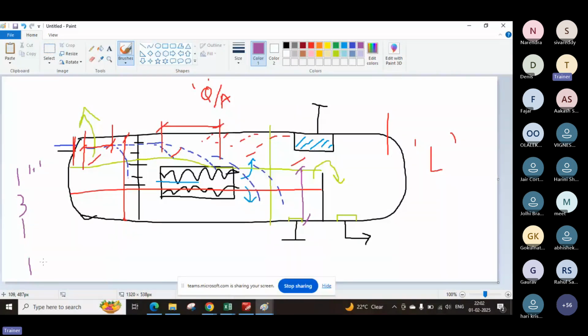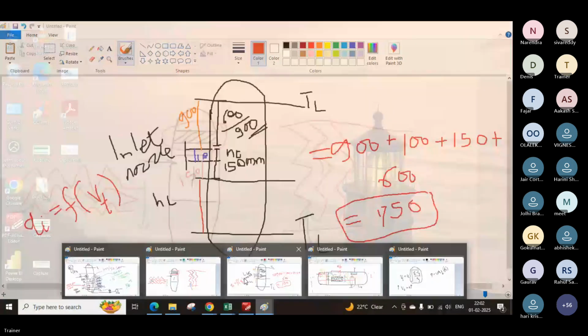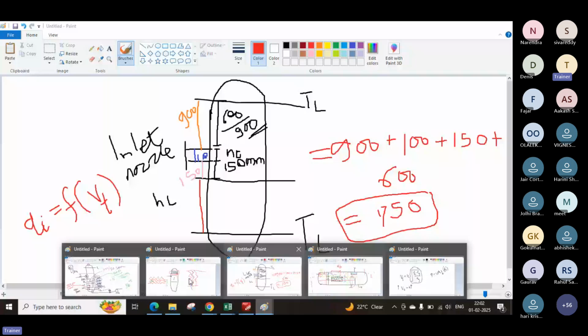So this all liquid are arranged in this section only for horizontal separators. In case of verticals, you can see this. These are being defined in this zone completely.